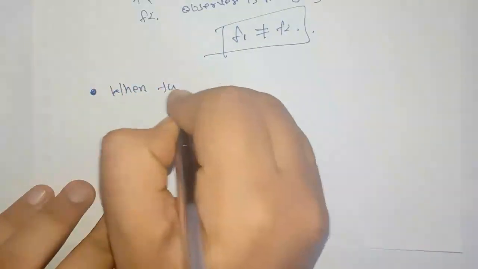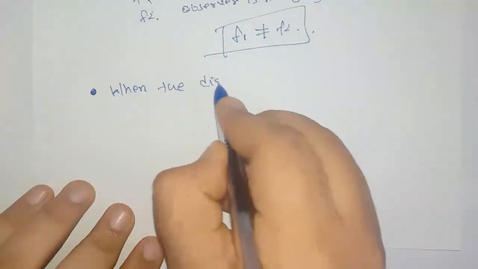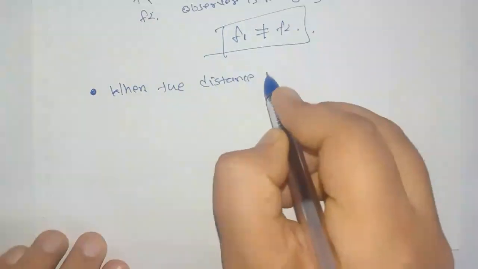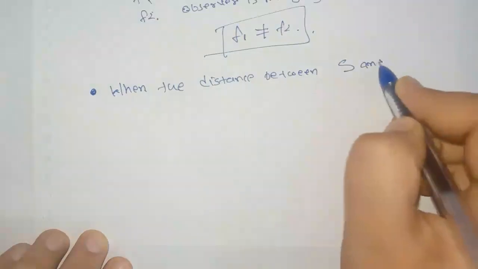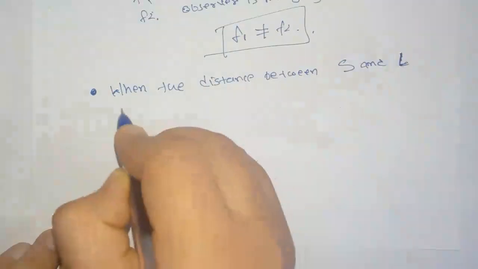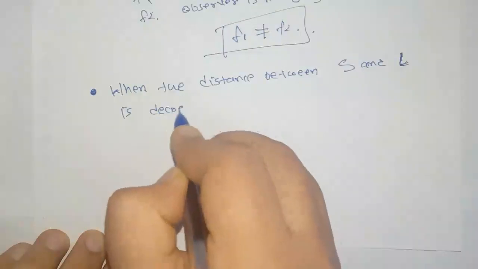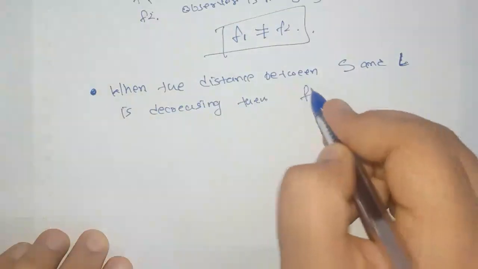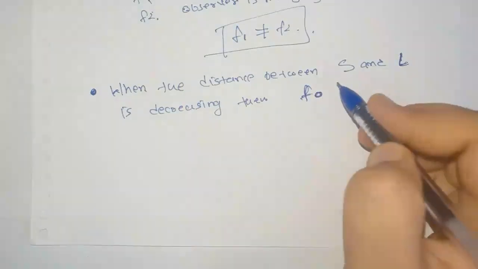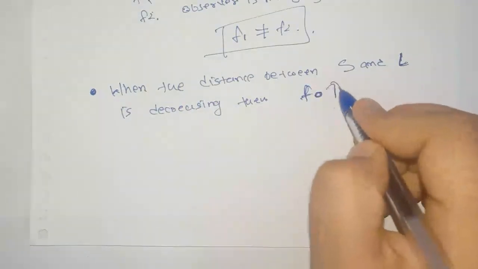The second point, from the formulas and the cases that we have learned, we can conclude that when the distance between source and listener is decreasing, then the apparent frequency increases.